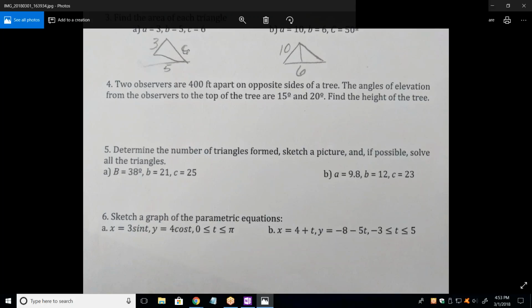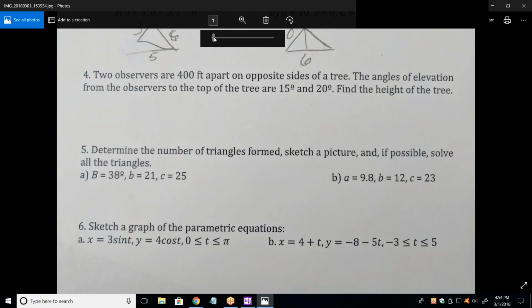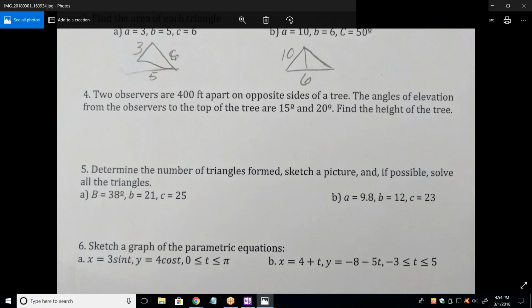Okay, this looks a little clipped at the top. It says find the area. I can read the. No, I see it now. Actually expanding it brought that into view.